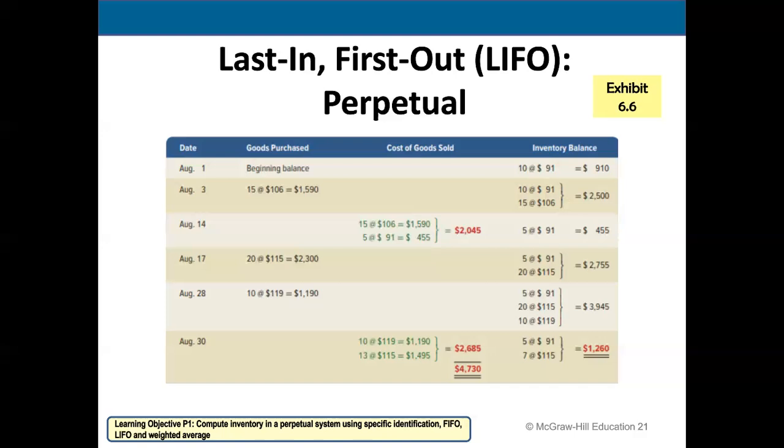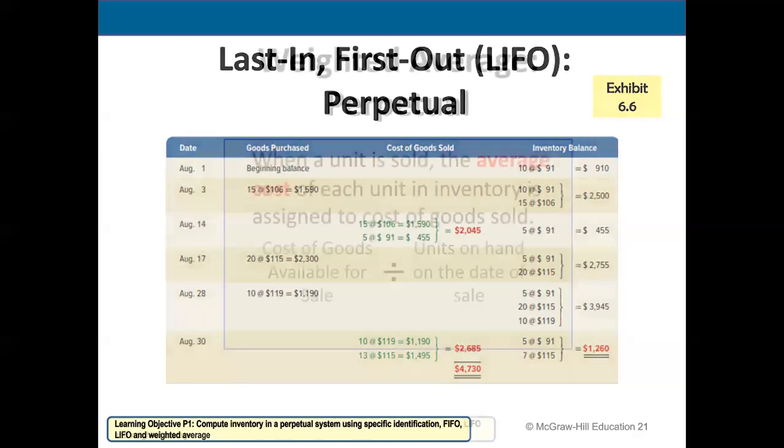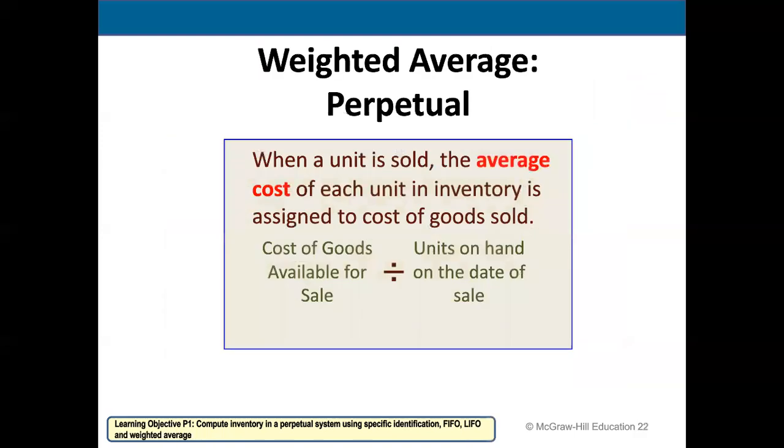And they have impacts on our balance sheet because the value of that remaining inventory is different using the two different methods. Again, businesses are free to choose which one they feel best fits their needs, as long as they're consistent in that. All right, so the last type of assumption is called a weighted average assumption.